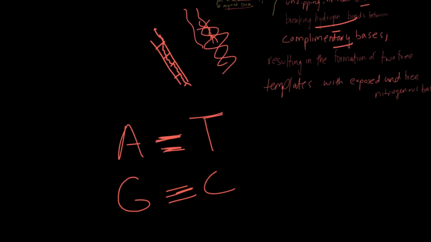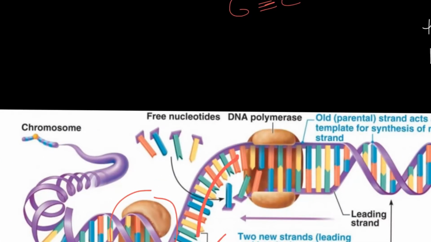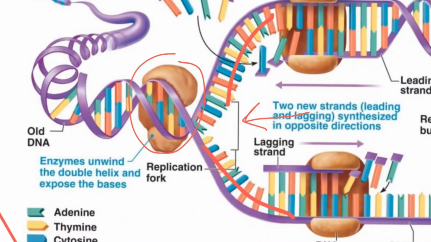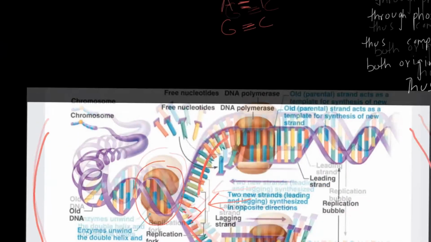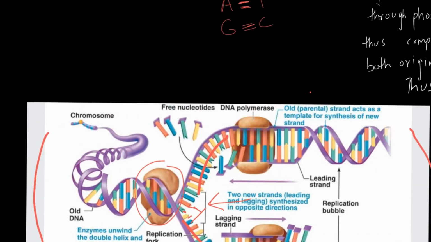So if we see in the diagram right here, the yellow one can match with the green one, the orange one with the blue one, and all of these were joined by hydrogen bonds, and these are complementary bases of each other. However, the hydrogen bonds in between were broken, and they were free templates, right?